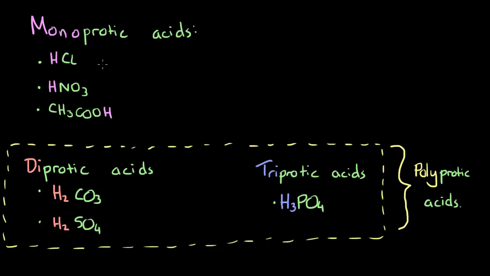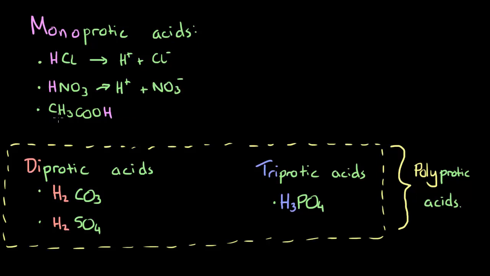So for example, the HCl, if we're using Arrhenius Theory, can ionize to form H+ and Cl-. But after that one proton has been released, there's no more protons which can be ionized from the chloride, so it's monoprotic. For the nitric acid, we get H+ and NO3-.